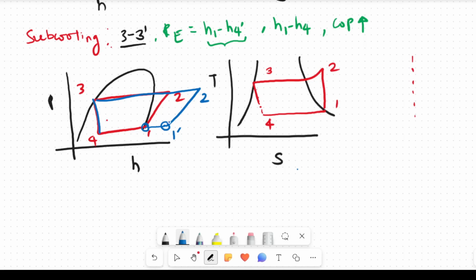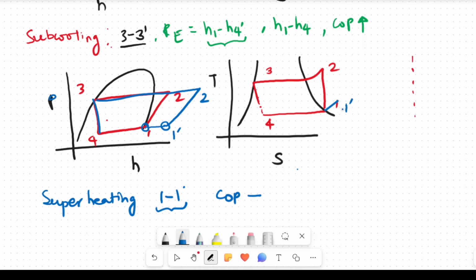Now, what can we say here? This superheating is 1 to 1 dash on the pH diagram. What will be the effect of this superheating on COP? We will discuss in the lectures, so for that you need to watch the lectures. On the TS diagram, it can be shown in a different way because this is the increase in the temperature.